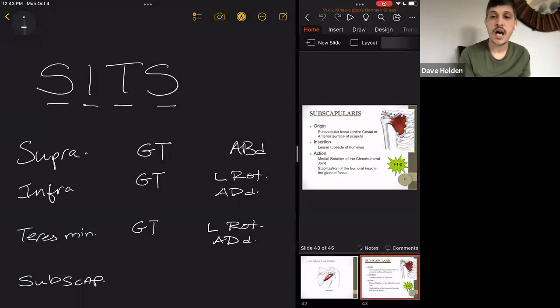Subscapularis originates on the subscapular fossa of the scapula. It's the only one that inserts on the lesser tubercle of the humerus, which is on the anterior side, making it a medial rotator.